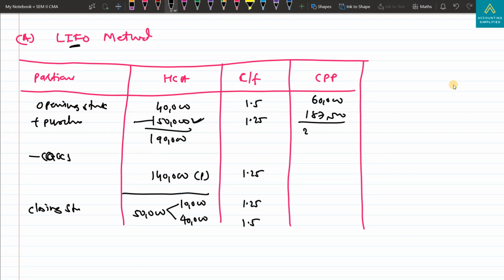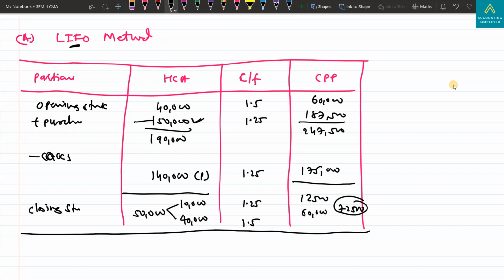Total comes 2,47,500. This is 1,75,000, and here 12,500 and 60,000. So 72,500 will be the final total. So LIFO method we have calculated.